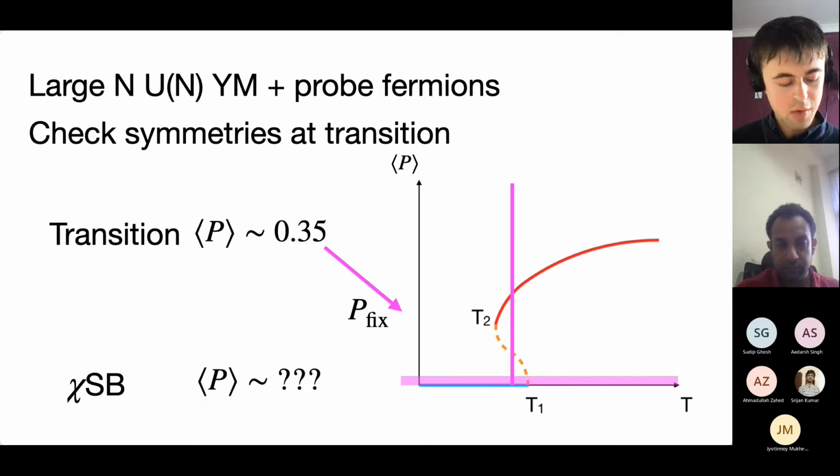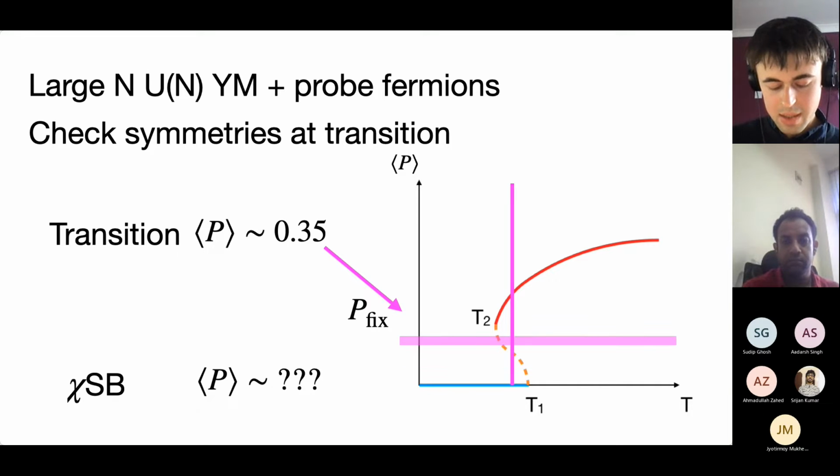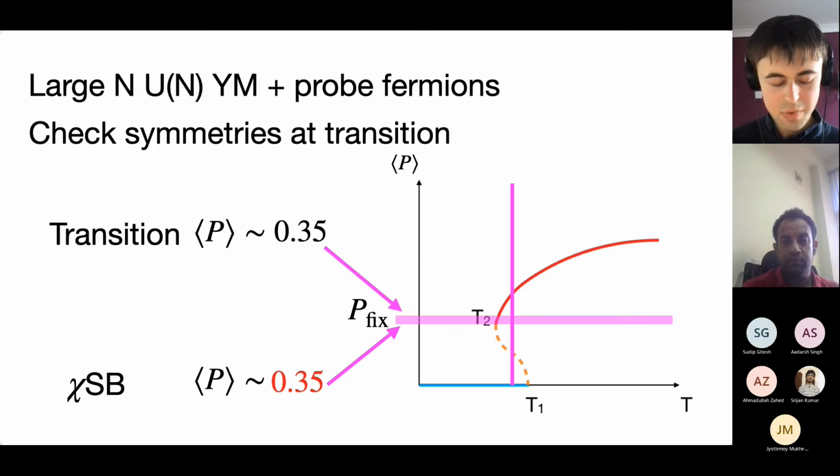We then want to see whether chiral symmetry breaking coincides with this value of P equals 0.35. And if it does, that would be strong evidence for our hypothesis. So we do this by raising P and checking to see whether chiral symmetry is restored, and we keep raising it. And then we find that it's restored at the same point as the transition. So that's evidence for our conjecture.